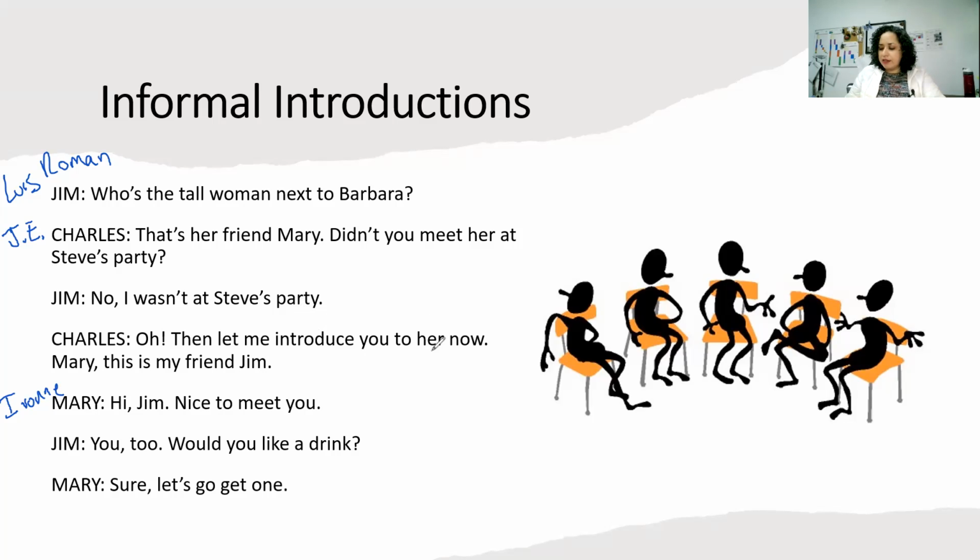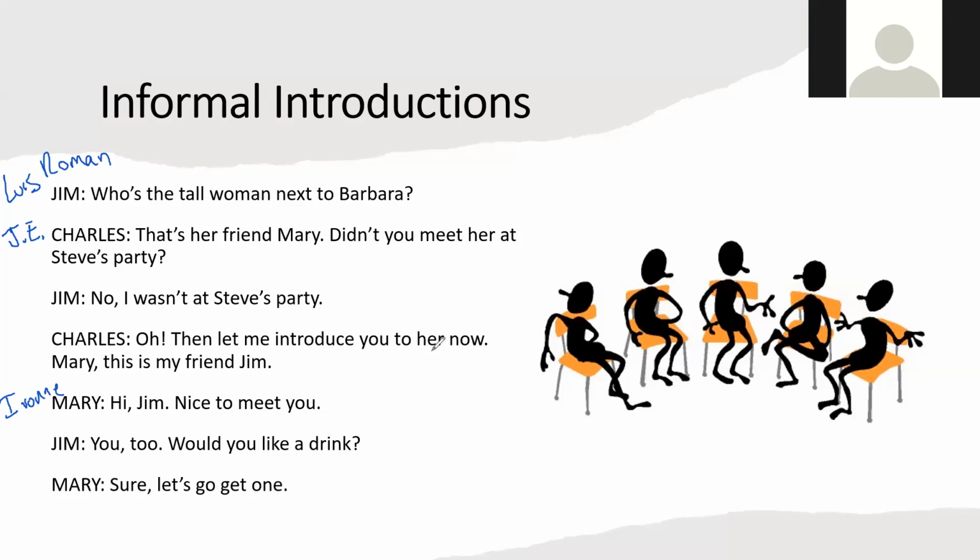I'm repeating again, just to confirm, Luis Roman, you're going to play the role for Jim. Jose Eduardo, you're going to be playing the role for Charles. And Yvonne, you're going to play the role of Mary. Are we good? Yes, of course. Okay, then. Please open your microphones, and if you're ready, let's start.